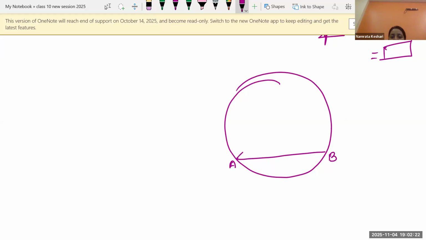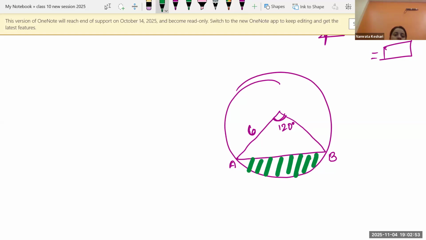And suppose the angle over here, it's 120 degree. Okay, and the radius is given as, let's say, 6. Okay, and the angle is 120 and you have to find the area of the segment. This segment's area you have to find, this one.